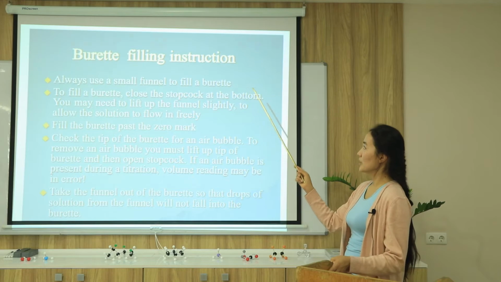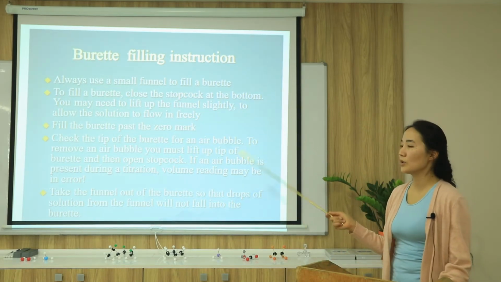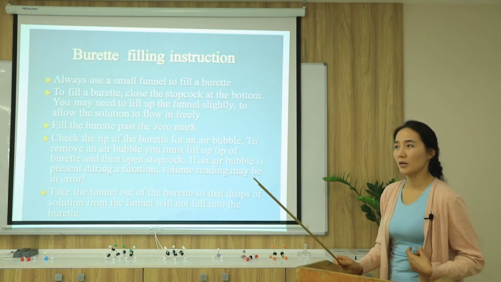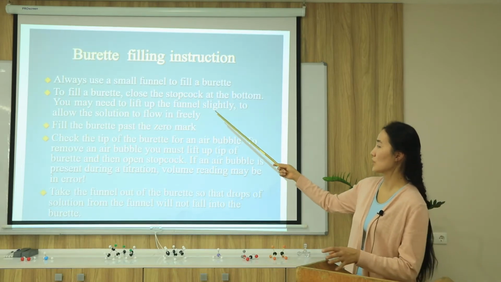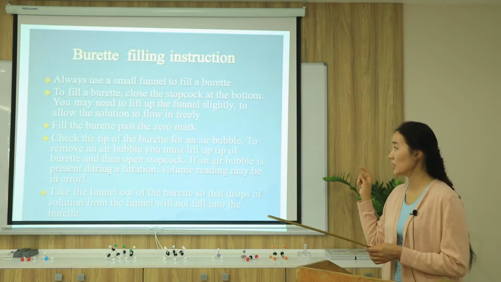Buret filling instructions: always use a small funnel to fill a Buret, because when we need, for example, 10 milliliters of some titration mixture, we fill the Buret with the stopcock closed, so it can be added to the flask with the indicator.